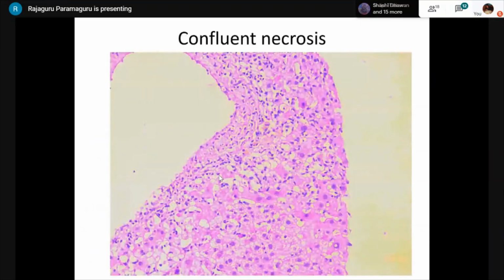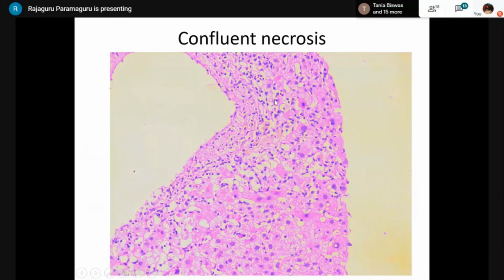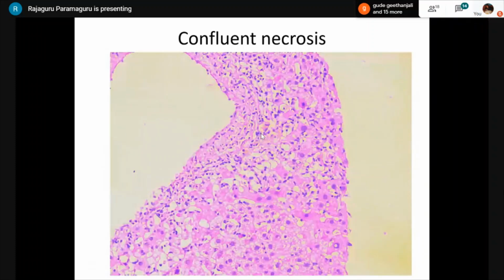Next is confluent necrosis. This is a perivenular area which is showing groups of hepatocytes which are necrosed. So this is called confluent necrosis. First is spotty, then is confluent. Confluent necrosis is usually seen in the perivenular area or zone 3. You do not see necrosis around the portal tract.